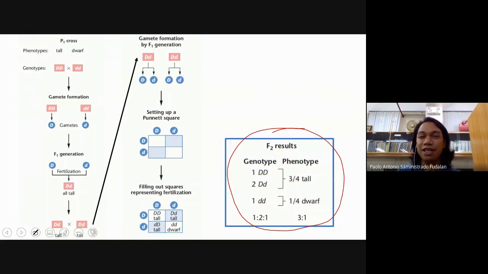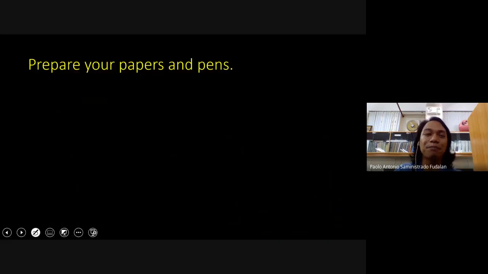For example, in pea plants, for flower color, the pea plant inherits two alleles, one from the father, one from the mother. Then during gamete formation, the forming of sperm or egg, those two alleles separate independently. That's what you call the law of segregation.